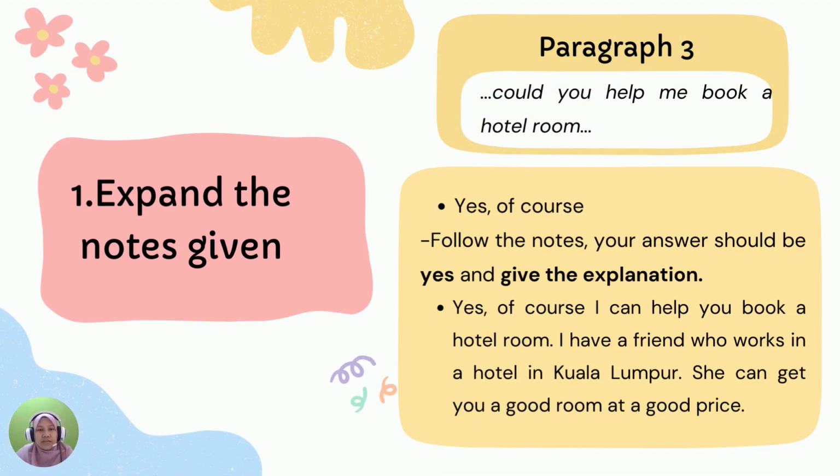Okay, moving on to the next paragraph. Paragraph 3, could you help me book a hotel room? Yes, of course. Follow the notes given. Your answer should be yes and give the explanation. Yes, of course, I can help you book a hotel room. I have a friend who works in a hotel in Kuala Lumpur. She can get you a good room at a good price.